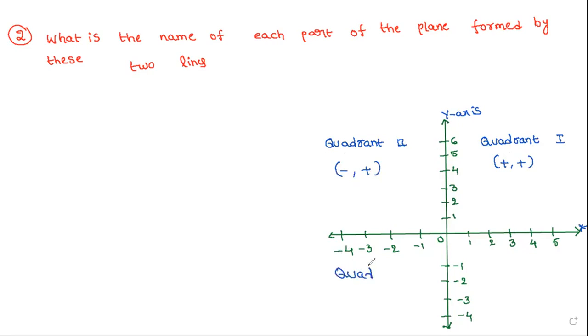Quadrant 3: x-values are negative numbers, y-values also negative. Quadrant 4: x-value positive, y-value negative, plus comma minus. Okay?